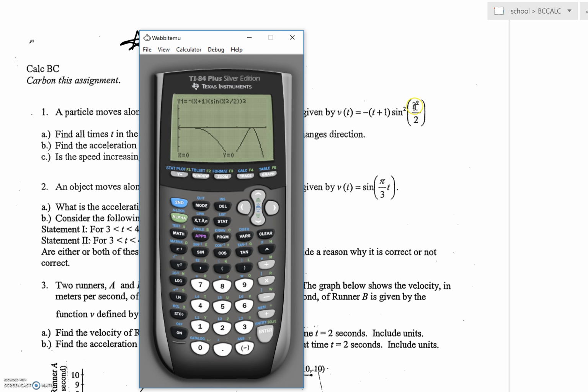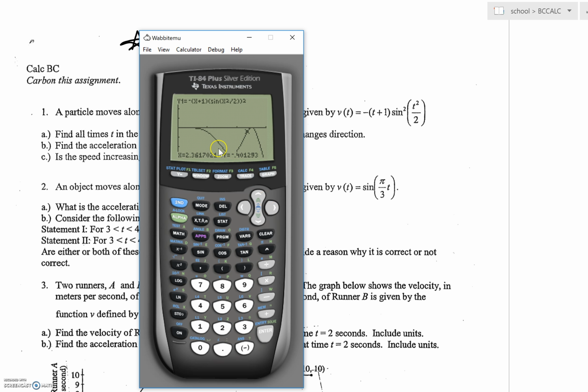And if you plugged in t equals 0, the sine of 0 is 0. So I don't think there's a big surprise there that velocity is 0 at time equals 0. We're just going to be real cautious here and see what's happening around this x value of 2 point something.